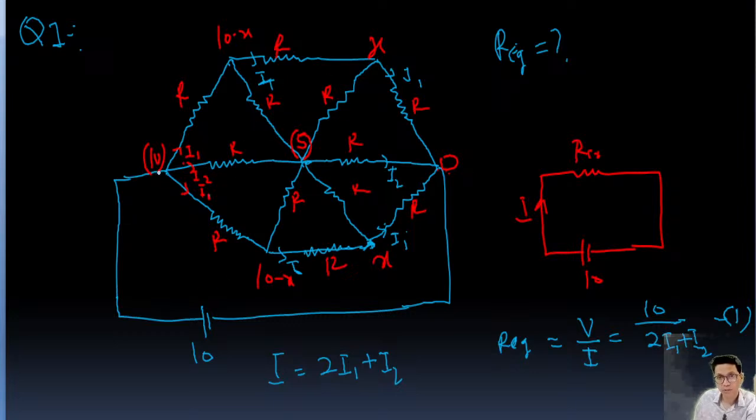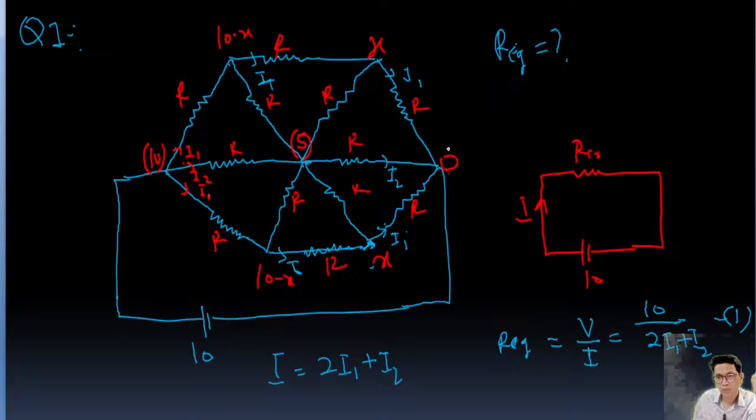At this point voltage is 10, and at this point we took voltage X. By symmetry, at this point voltage is X as well, and at these points voltage is 10 minus X. By symmetry, current in this region and this region is the same, I1, and at this point suppose the current is I2.